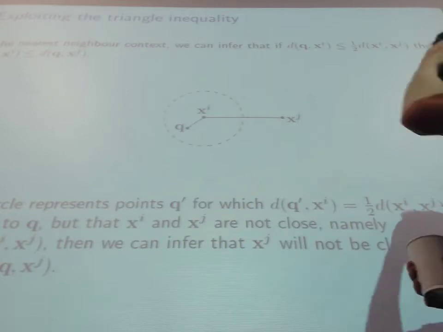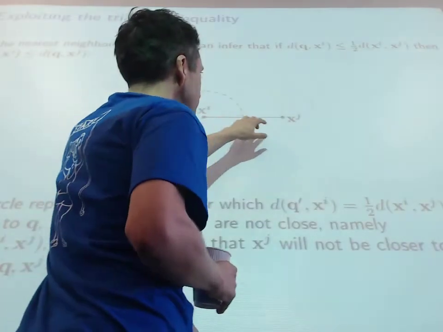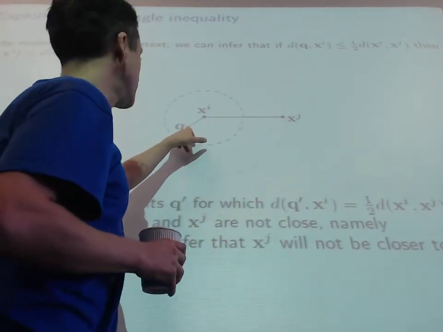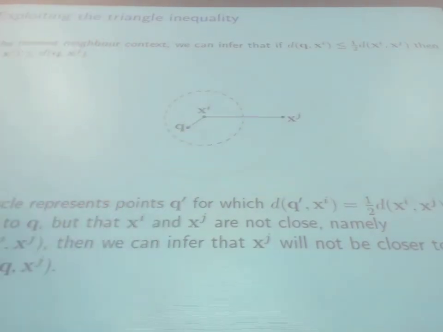So the geometric picture is: these are xi and xj, two data points in your data set, and Q is your query point, and you want to find which is the closest x in your data set. Let's imagine you've already computed the distance between the query and xi.